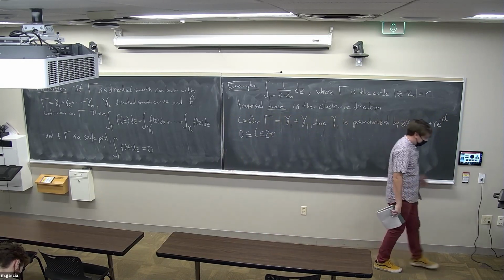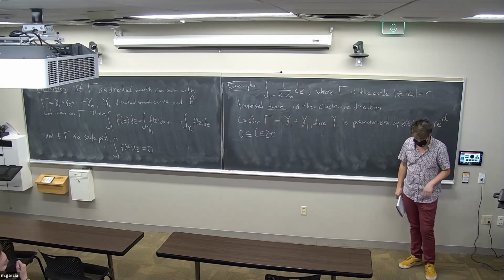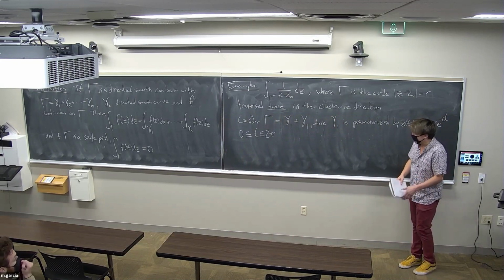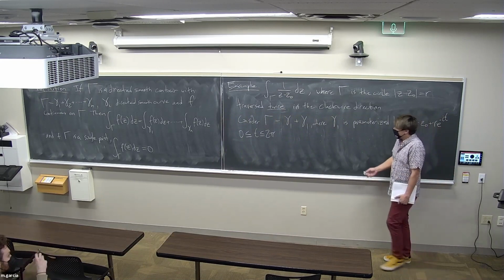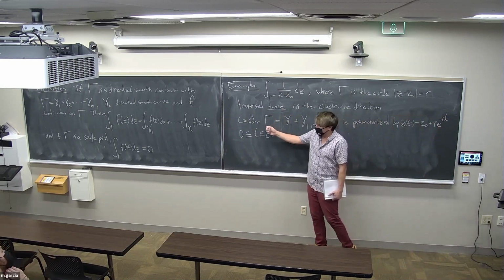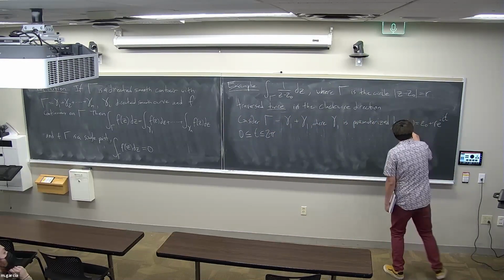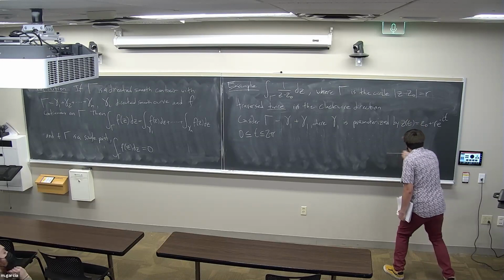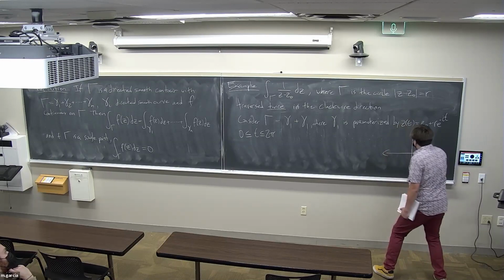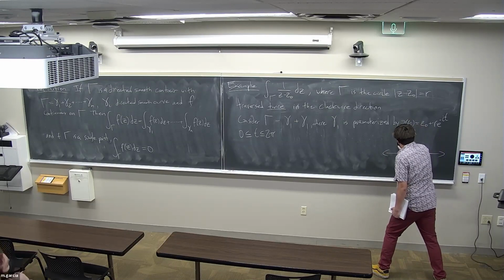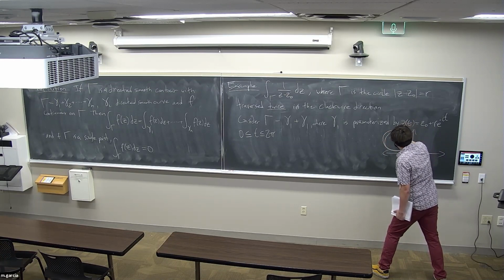Okay, so why did I choose to do this? What I'm doing is taking my contour gamma, which is, let me draw a picture here. Say z naught is here, a circle of radius r. Sorry, we're going in the other direction.